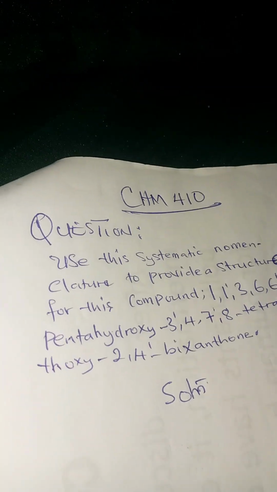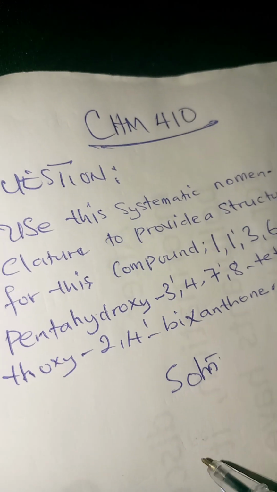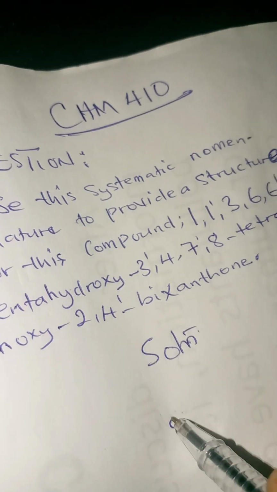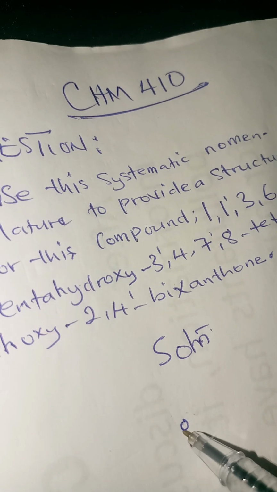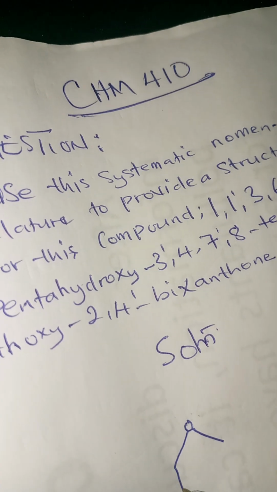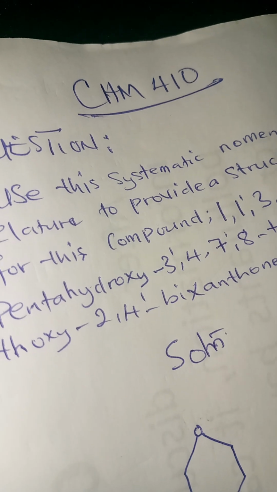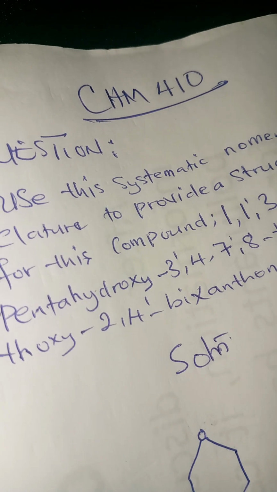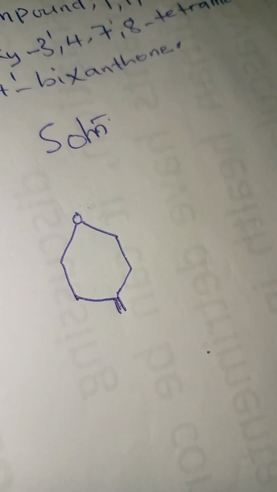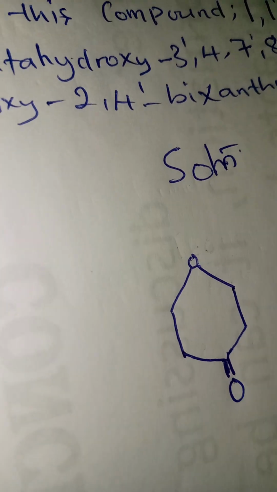Now let's look at how the compound is. This is my pyrone ring. This is how it is drawn. This is a double bond. This is what I mean by a pyrone ring.